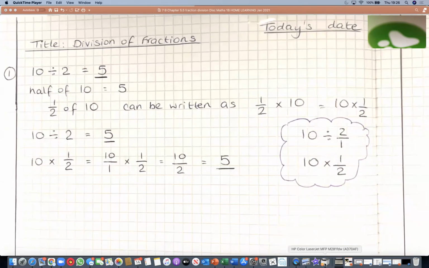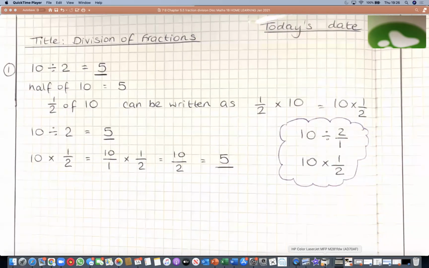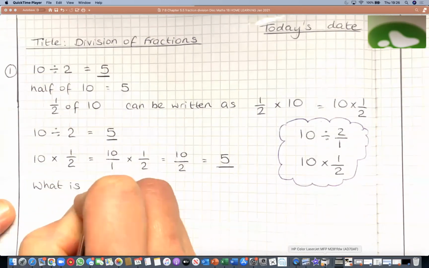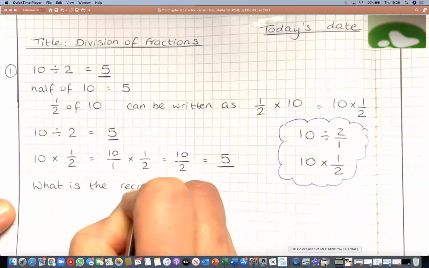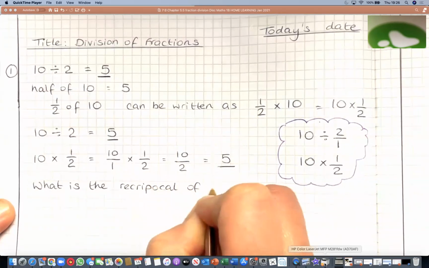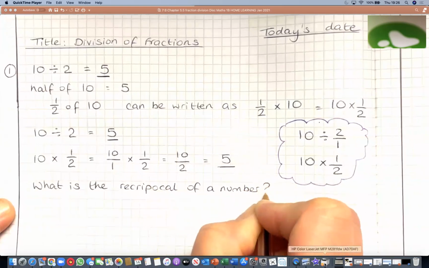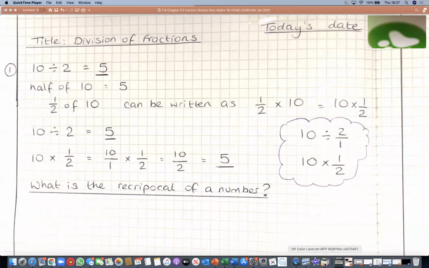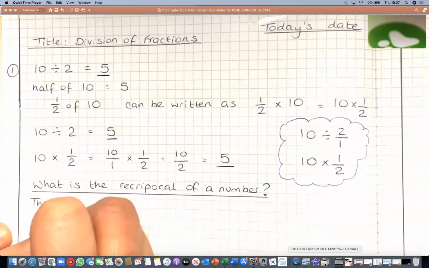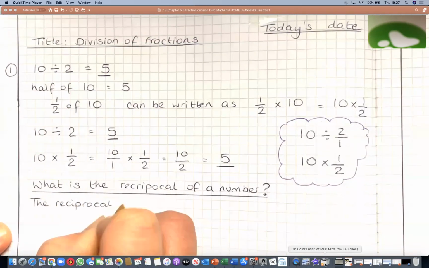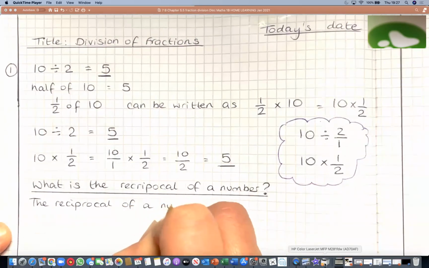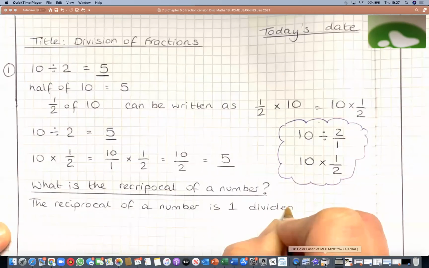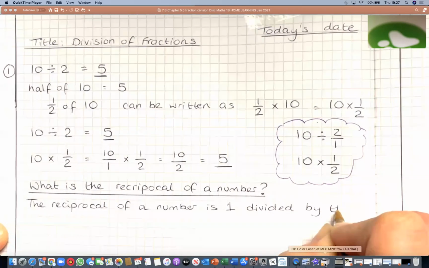So what is the reciprocal of a number? Let's write that down. That's a key point. Okay? So what is the reciprocal of a number? So the reciprocal of a number is 1 divided by the number.